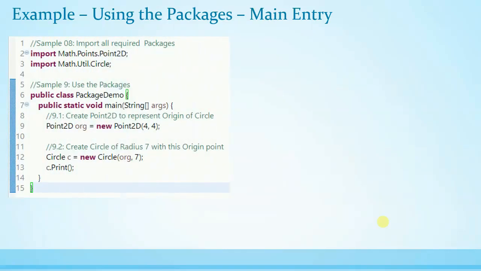So here is our program main entry. In the program we want to use Circle as well as Point2D. Here we are just creating the circle and we want to print the circle detail, but Circle depends on Point2D. So we imported Point2D at line 2 as well as Circle at line 3.